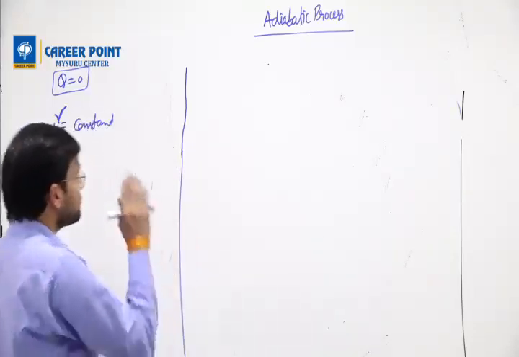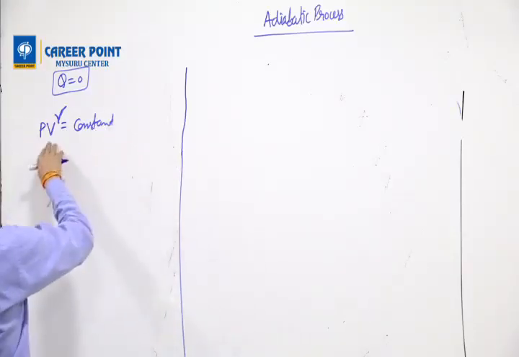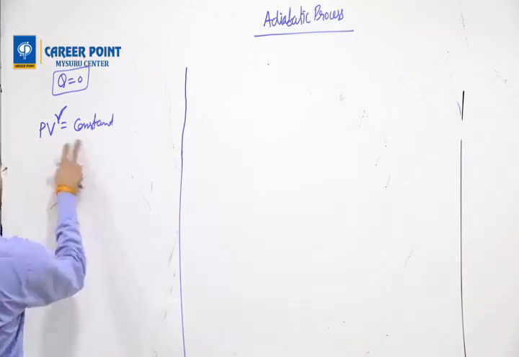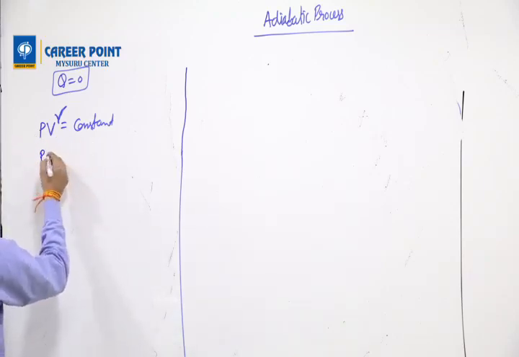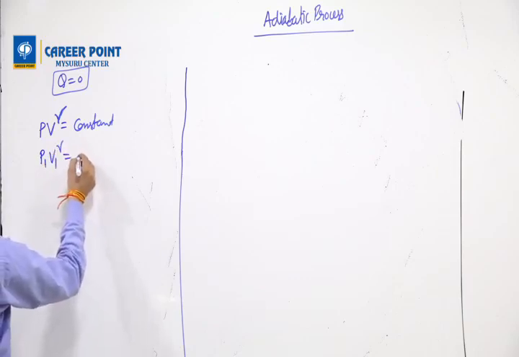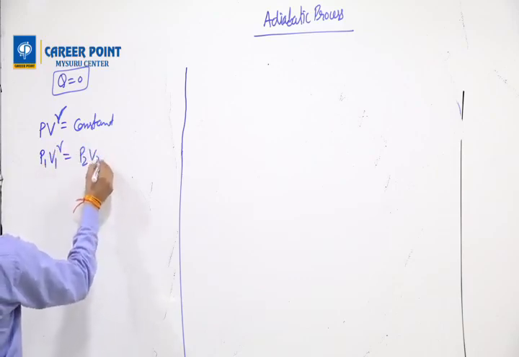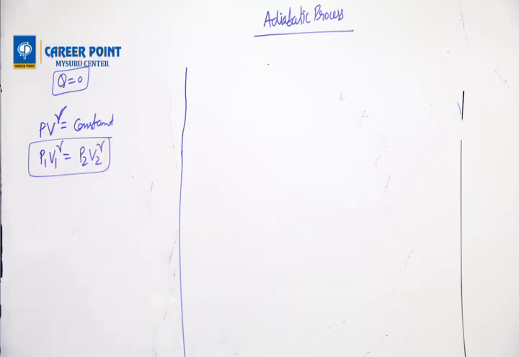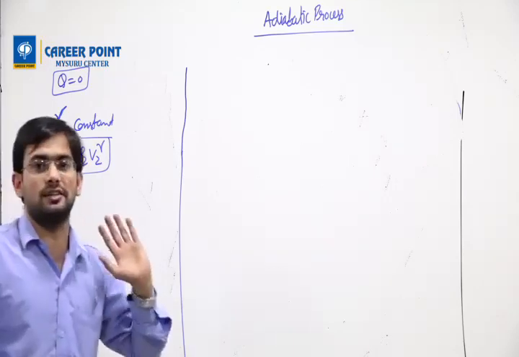If you have an adiabatic process, you cannot write PV equals to nRT. You have to write this value, and for two states, P1 V1 power gamma equals to P2 V2 power gamma. This is one relation. But most of the time pressure and volume are not given, volume and temperature is given.